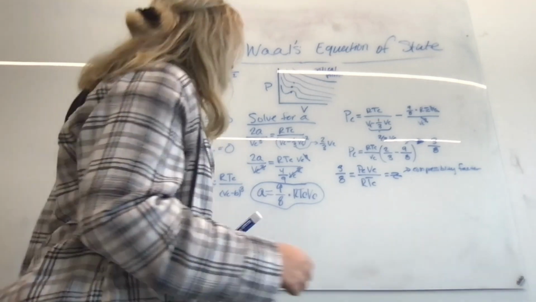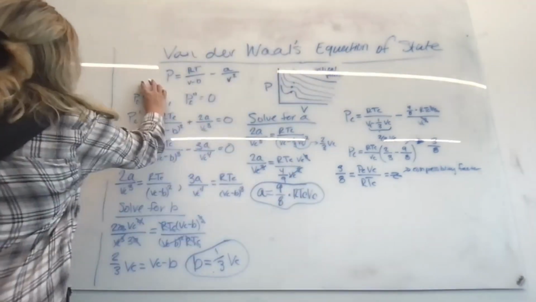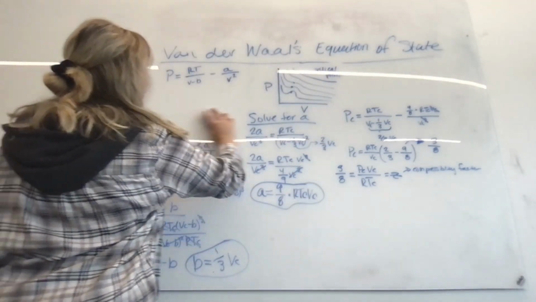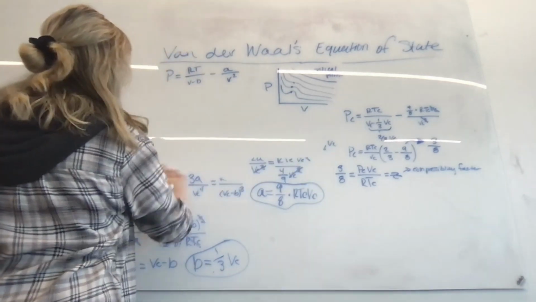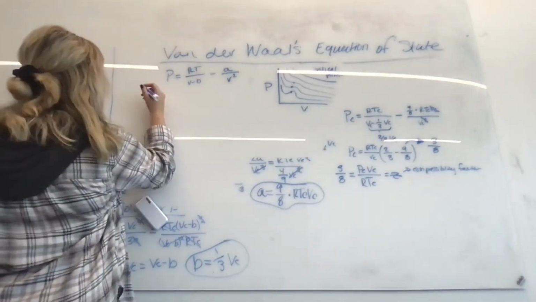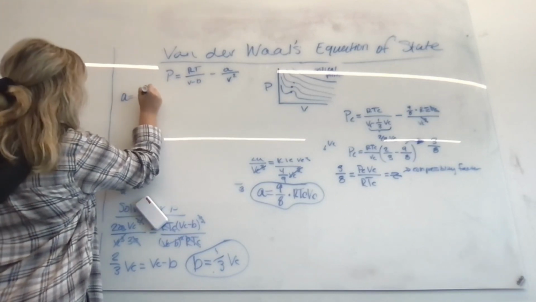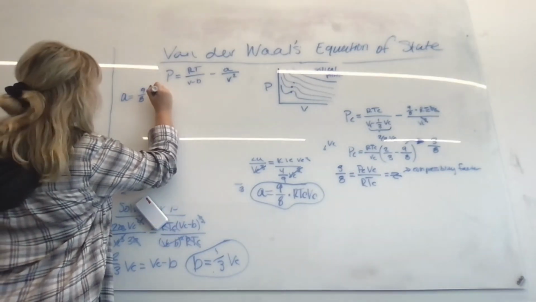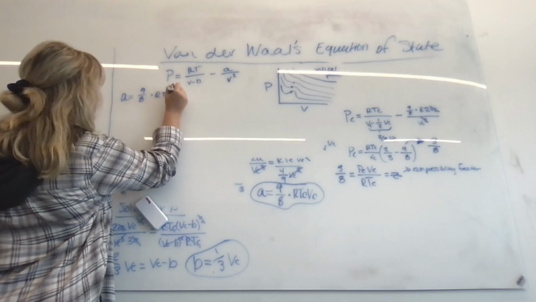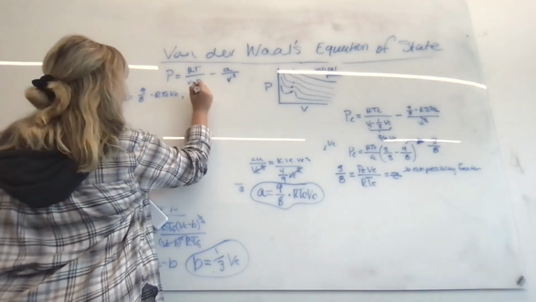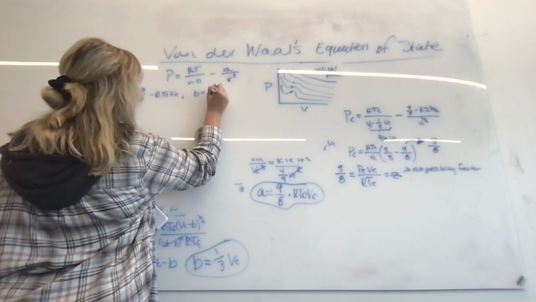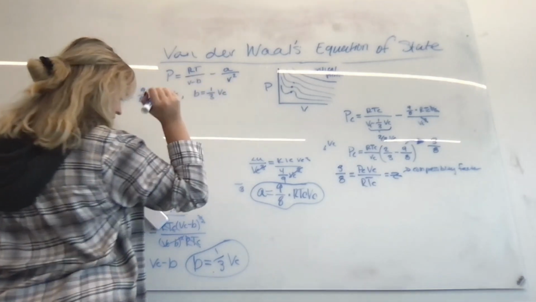So what I'm going to do is erase here a little bit. I'm going to rewrite A and B. So A is 9/8 R T_C B_C. B is 1/3 B_C.